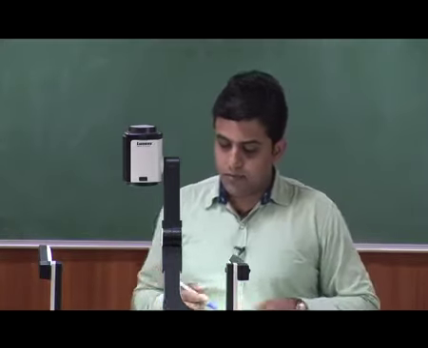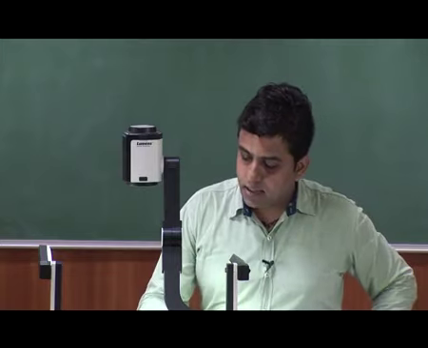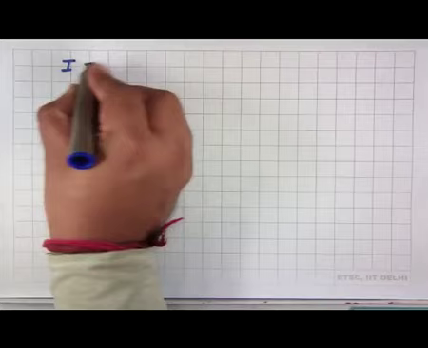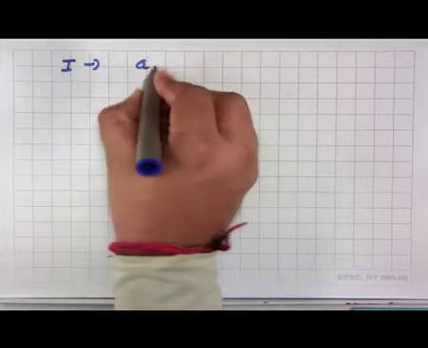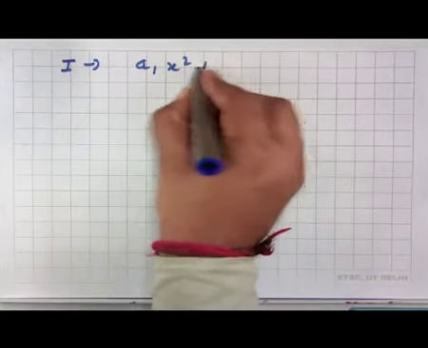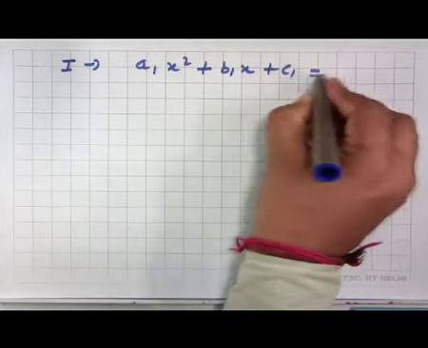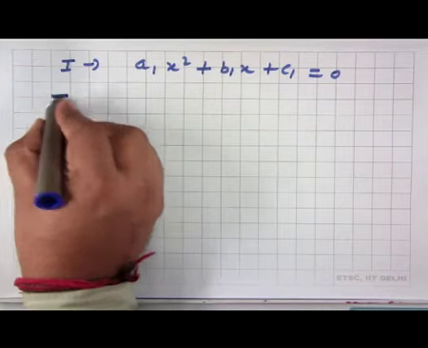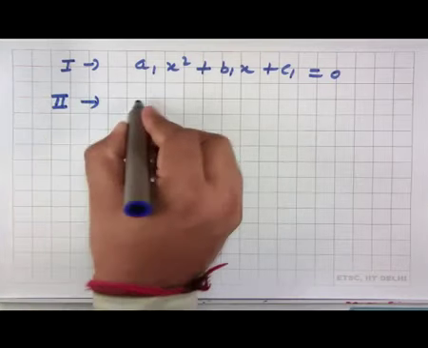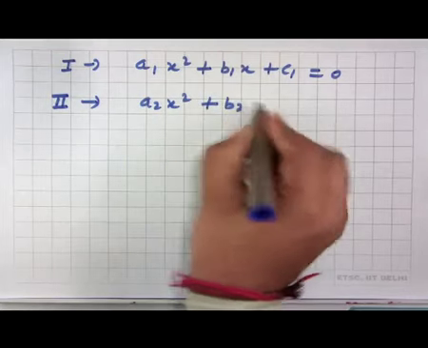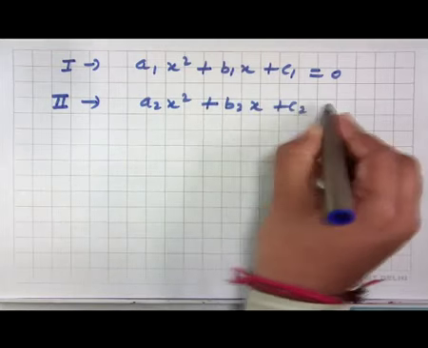So, let us take two quadratic equations. The first quadratic equation is a1 x square plus b1 x plus c1 equals 0, and the second quadratic equation is a2 x square plus b2 x plus c2 equals 0.